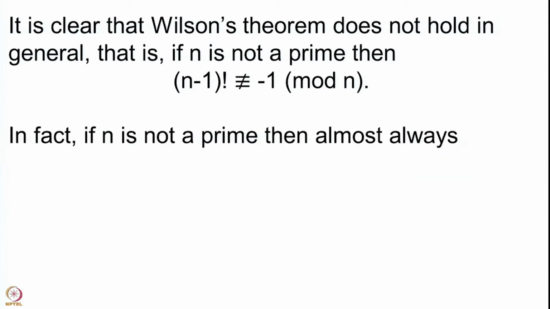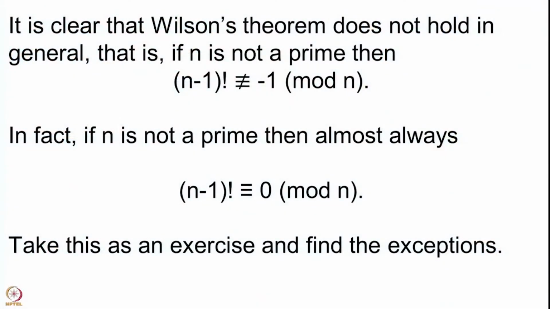If n is not a prime, then almost always we will have that (n minus 1) factorial is 0 mod n. n will divide (n minus 1) factorial.